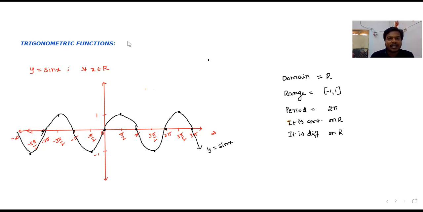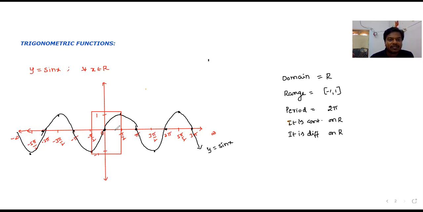And the principal domain of this function is from minus pi by 2 to pi by 2. Principal domain is nothing but the interval in which the function satisfies both one-one and onto conditions. See, in the interval minus pi by 2 to pi by 2, it is strictly increasing, right?